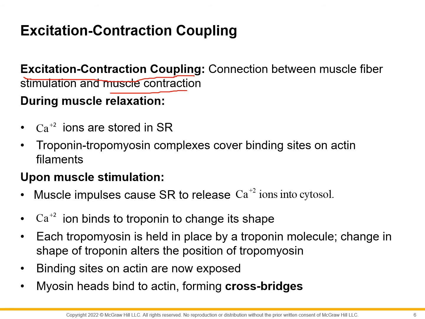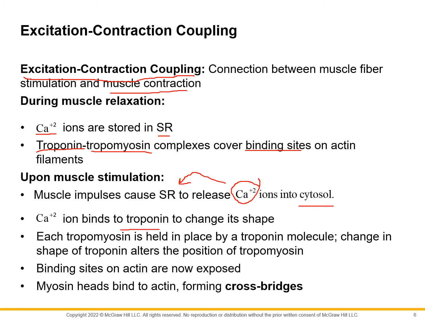Now, when the muscle is not being called to contract, as we said, calcium ions are stored in the sarcoplasmic reticulum. Troponin and tropomyosin are bound together, and they are covering the binding sites that are on actin. Now, once calcium is released from the sarcoplasmic reticulum, they get into the cytosol, the fluid inside the cell.